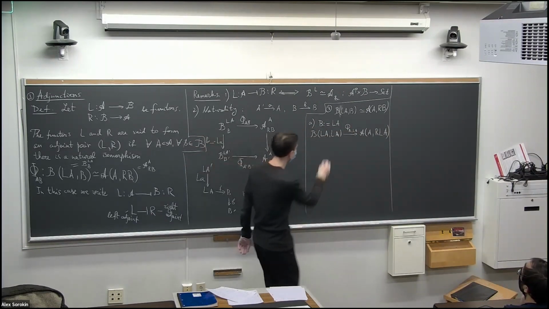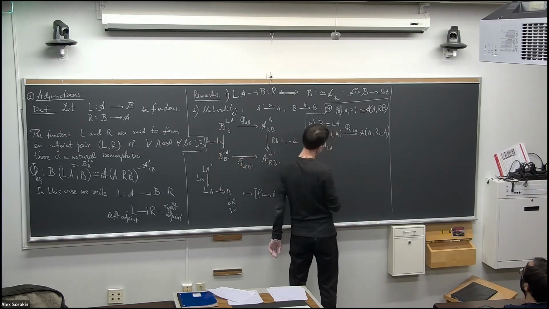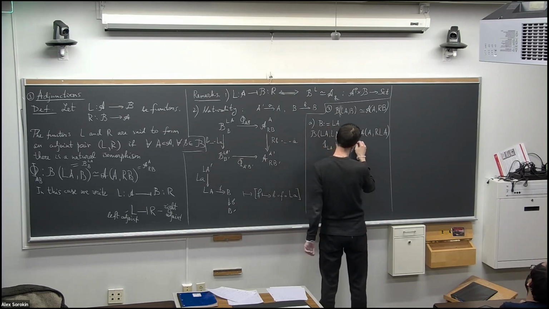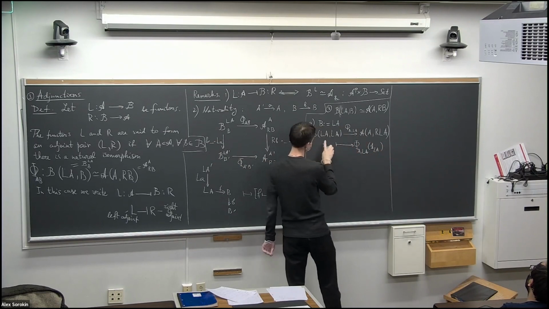Then here we will have the identity on LA, and this identity on LA goes to phi of A, LA, not both ones, just the second one.